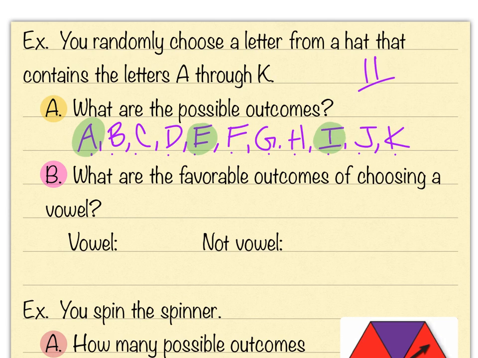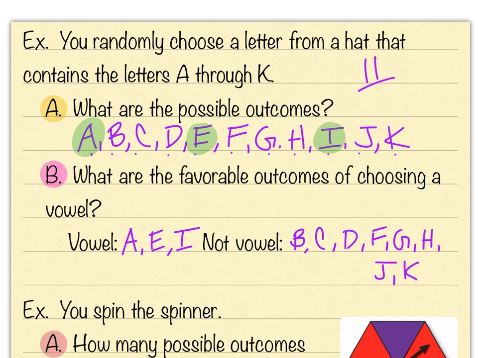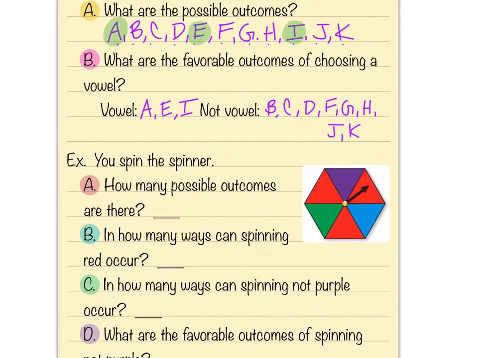So there's 3 favorable outcomes, and we're going to list them here as A, E, and I. And then all the ones that are not vowels are called consonants, but we'll list them here as B, C, D, F, G, H, and then J and K. So 3 of the 11 are vowels, and then the other 8 are consonants. They're not vowels.